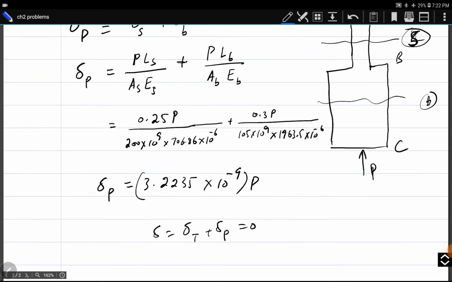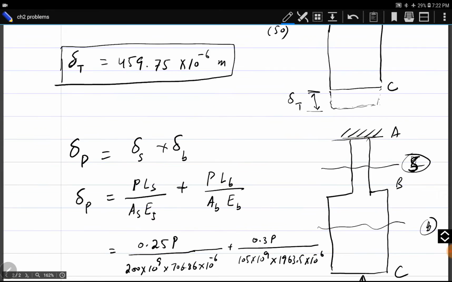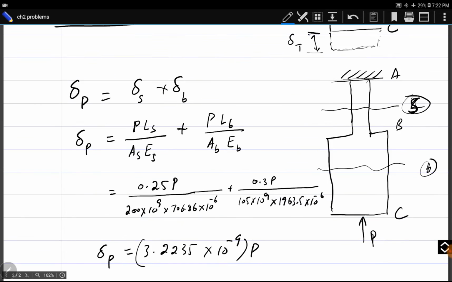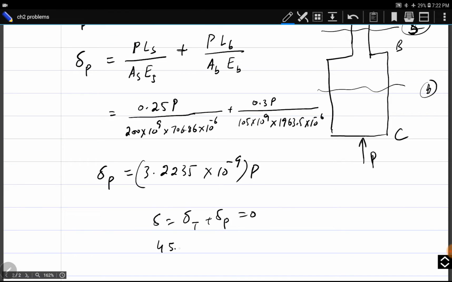By putting the expressions above, delta T is 459.75 into 10 power minus 6 and delta P is 3.2235 into 10 power minus 9 P. So 459.75 into 10 power minus 6 plus 3.2235 into 10 power minus 9 P is equal to 0.